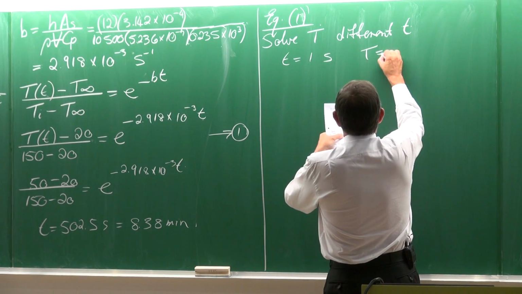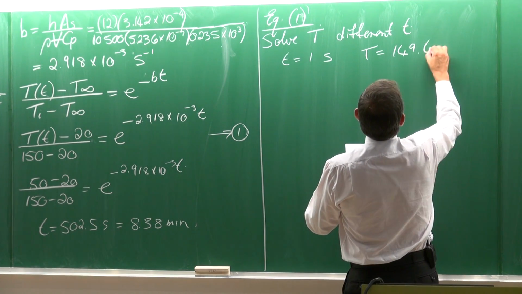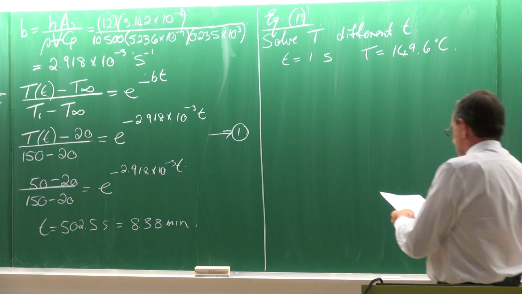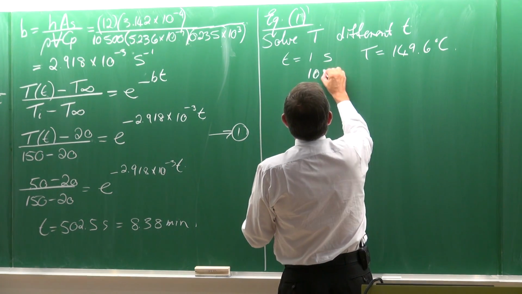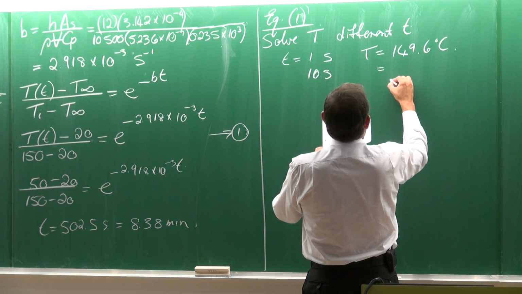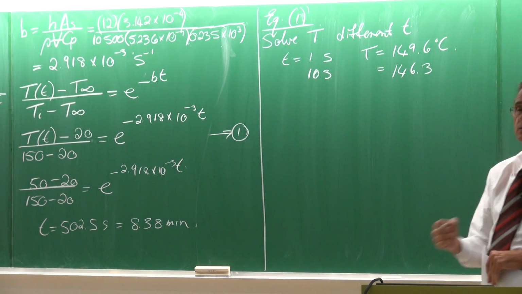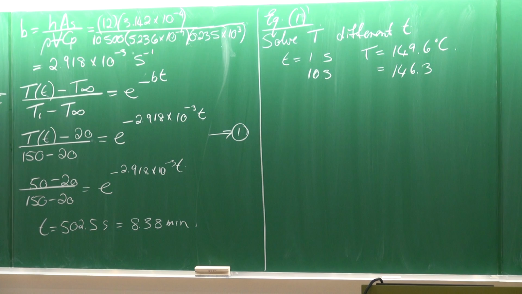Okay, so then the temperature would be 149.6 degrees Celsius. So a 0.4 degrees Celsius drop already after the first second. After 10 seconds, the temperature would be 146.3. So about a 4 degrees Celsius drop already in 10 seconds.